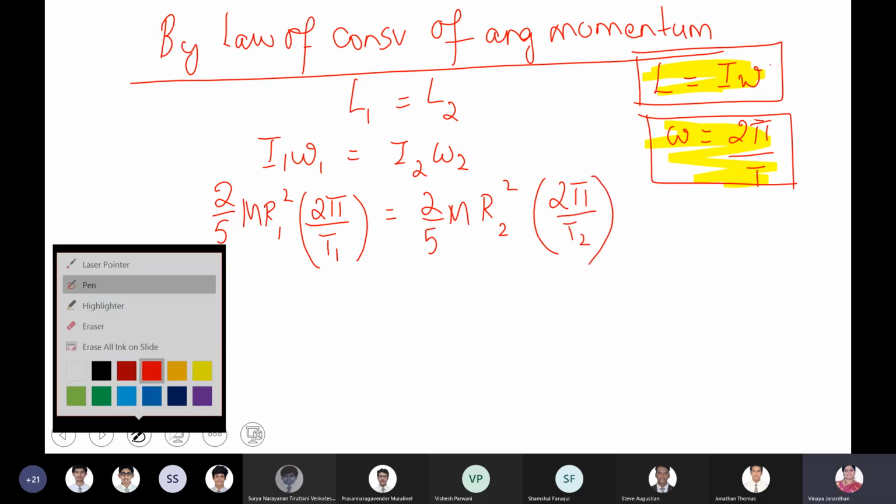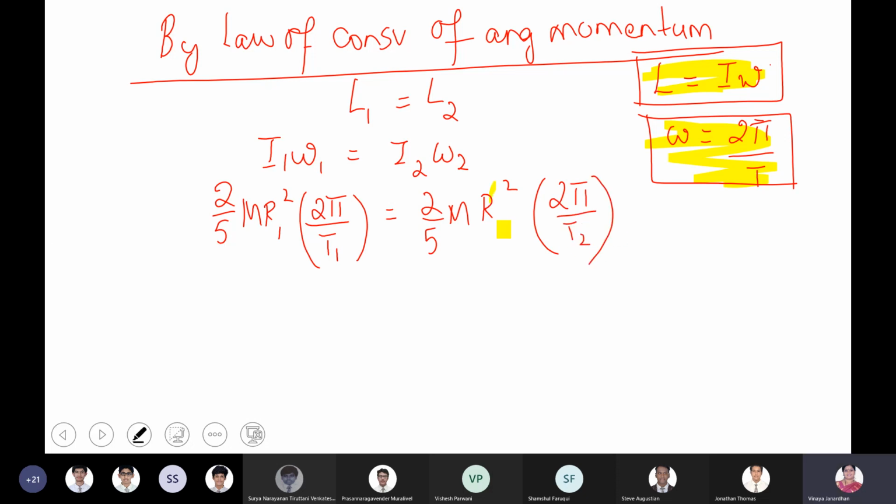Right, boys? So now I have to replace r2 in terms of r1. Anyway, I'll cancel 2 by 5 m, and 2 pi will get cancelled, correct? So I'll be having r1 squared by t1 is equal to r2 squared by t2.